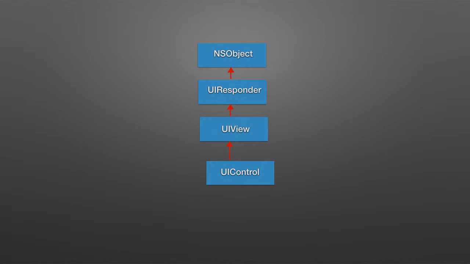I'm going to also mention that a UI view is also a UI responder. Now you can just forget about that until we get to right at the end of the episode.